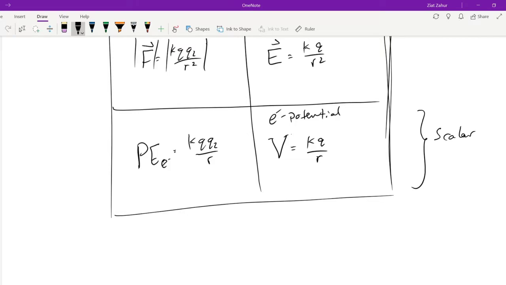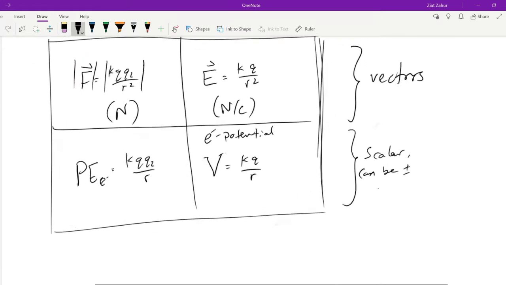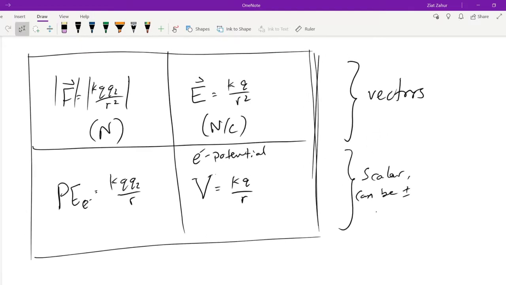Scalars can be plus or minus. And these two are vectors. Right? Newtons per Coulomb. Chat, what is the other unit that you can use for electric field?